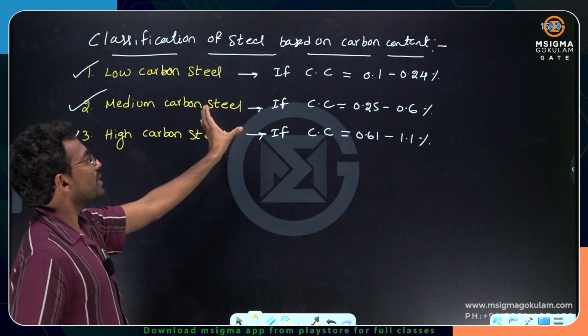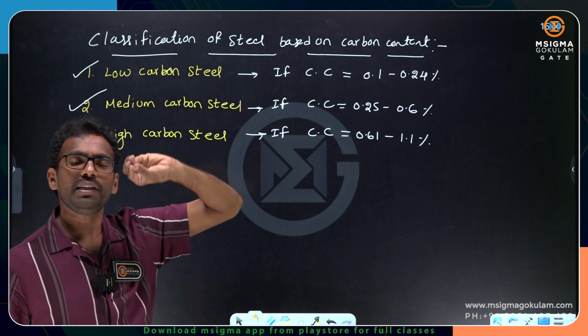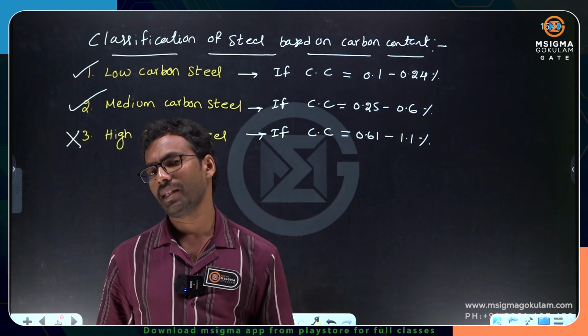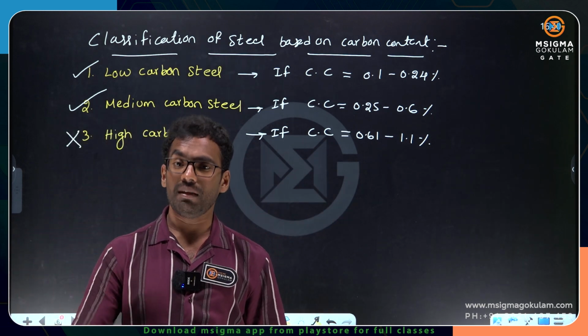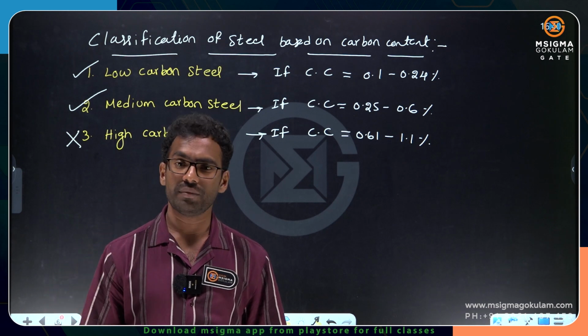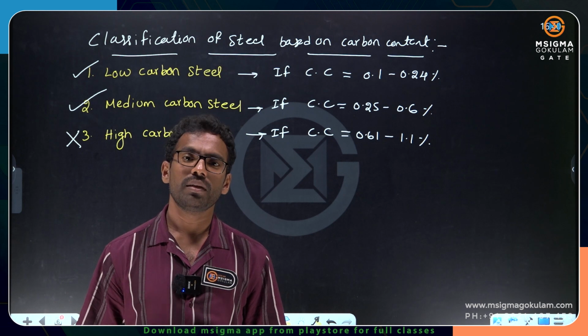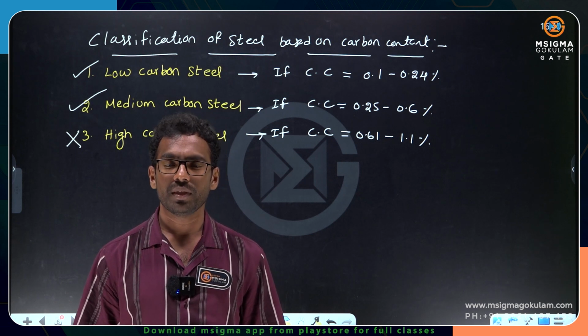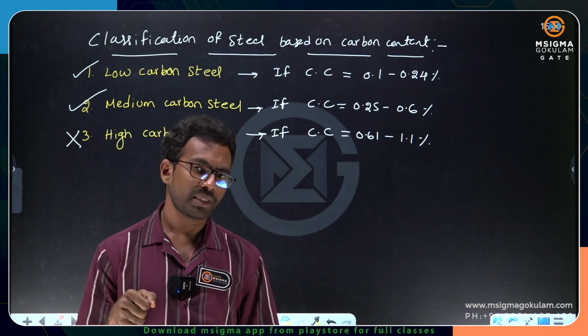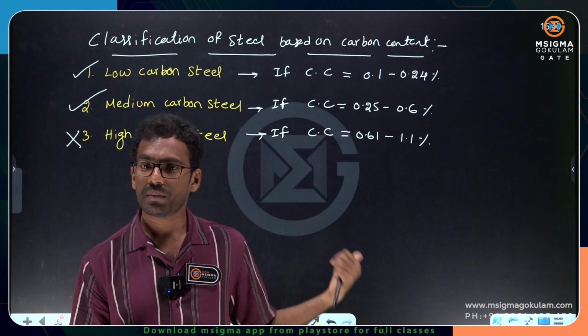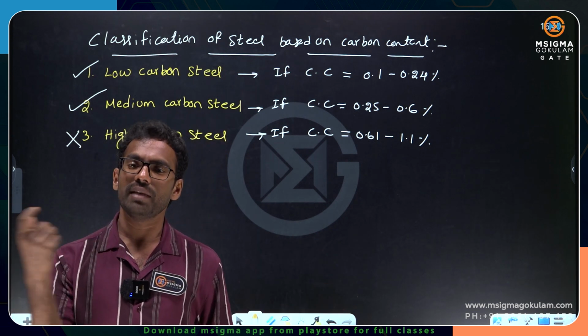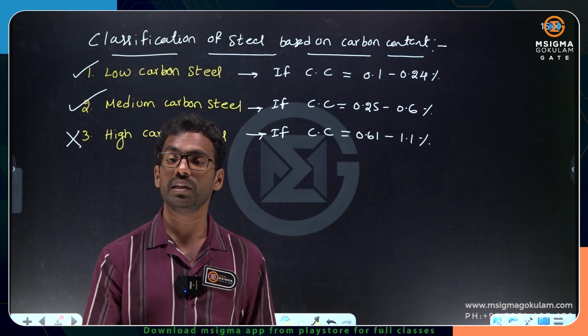And medium carbon steel we use very commonly in our daily life. Look at the hammer, which we use for different applications, in workshops, wherever it is, and for normal household purposes also. Hammers are made of medium carbon steel. Look at rails in railway tracks; rails are made of medium carbon steel.